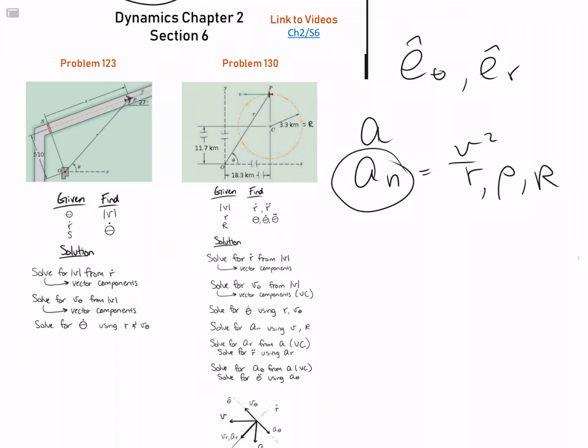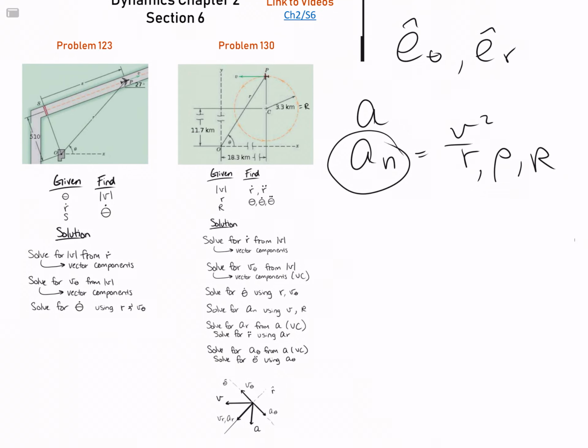We can still use that equation here, but now we have the introduction of theta, theta dot, and theta double dot. So be sure that you're very, very familiar with all the equations for acceleration. Once again, we're looking at a lot of vector components. That's essential for problem 130, going back and forth between all of the values. They all have relationships to each other using vector components.